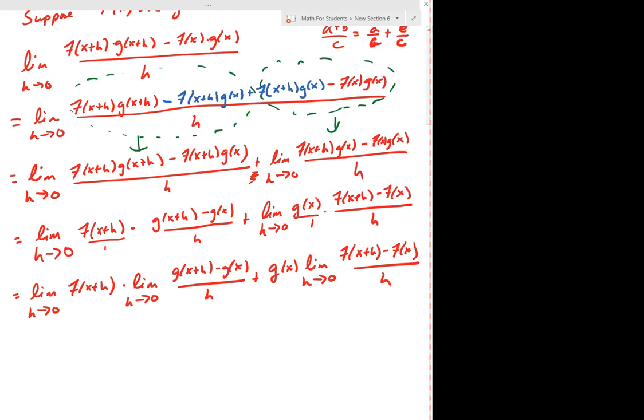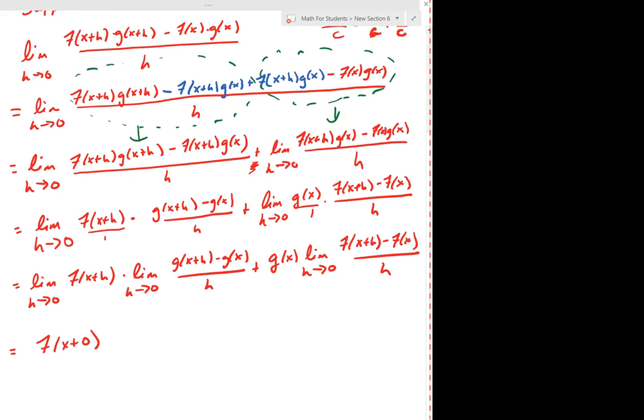Okay, great. Now, this limit right here is just f of x plus 0. Why is that? Well, it's actually kind of a subtle argument. What allows me to evaluate this limit through direct substitution? Normally, what do we require to be able to evaluate a limit through direct substitution?